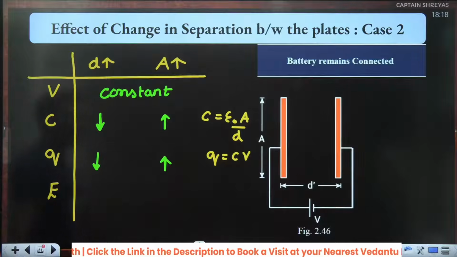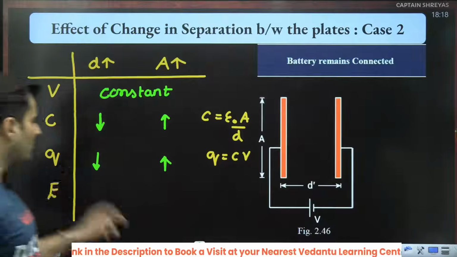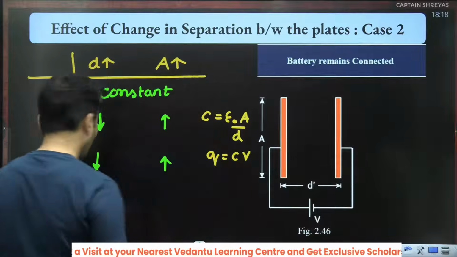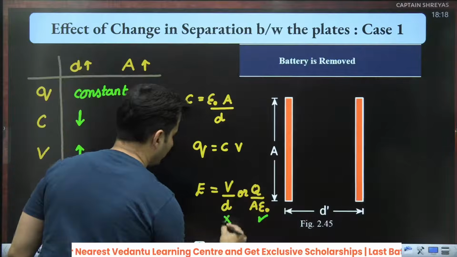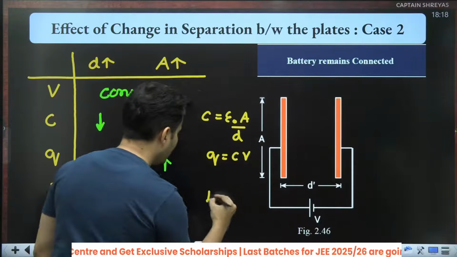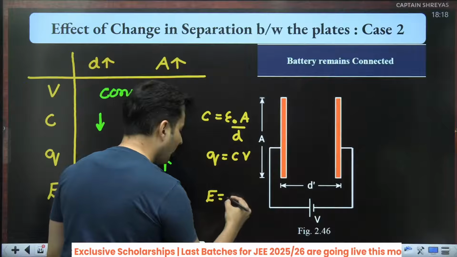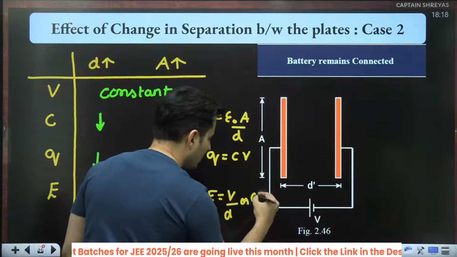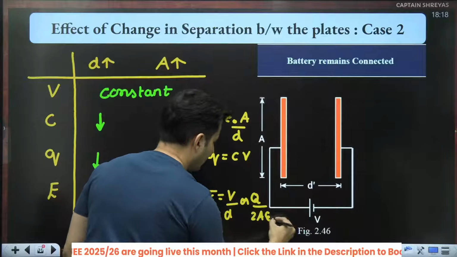Perfect. What about electric field? Now charge is changing, so I will not stick with that charge formula. In the earlier case, if you remember, we used this formula, not this formula, because it was convenient. Now I feel I have both the options. One option is I can use voltage by distance, or I can also use Q by 2A epsilon naught.